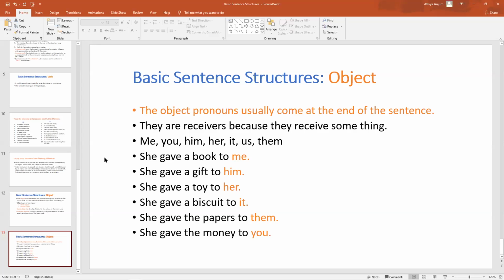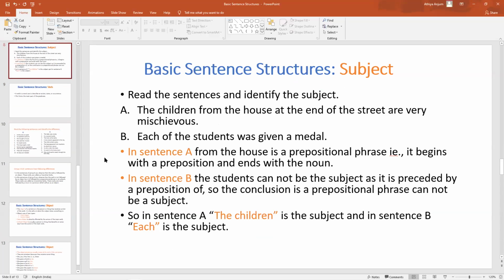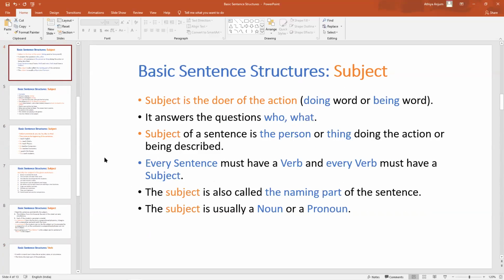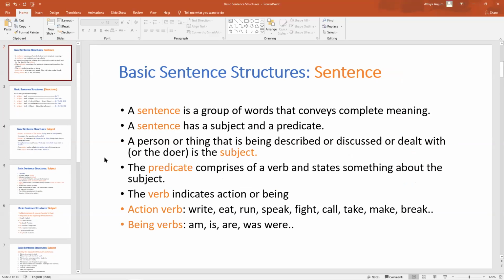So now quickly we'll go through once again what you have learned today. First, you have learned what a sentence is: a group of words that conveys complete meaning. Then, what does a sentence consist of? A sentence has a subject and a predicate.